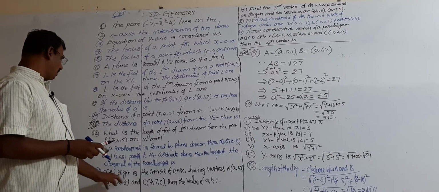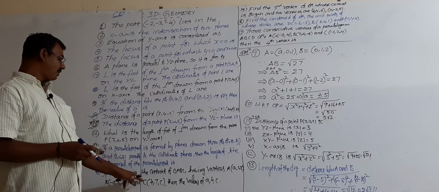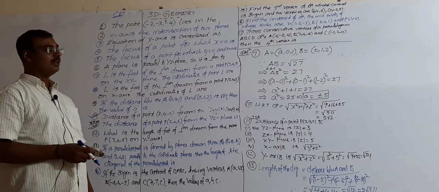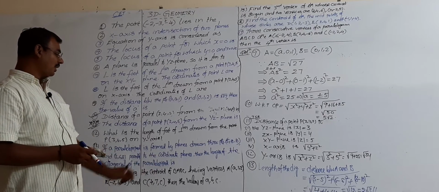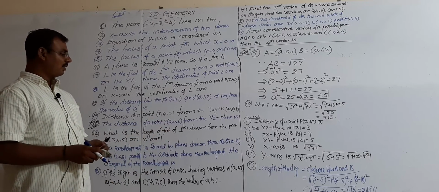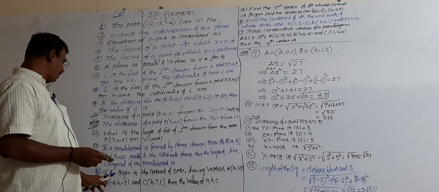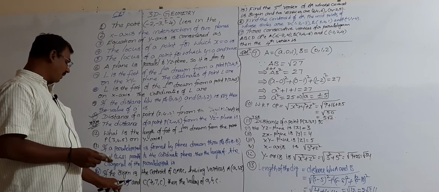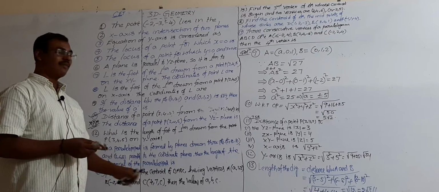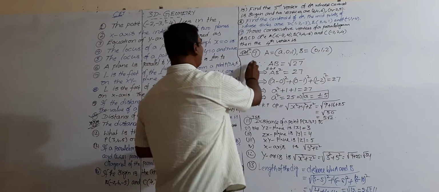The 14th question is: if the origin is the centroid of triangle ABC having vertices A(a, 1, 3), B(-2, b, -5) and C(4, 7, c), then what are the values of a, b, c?